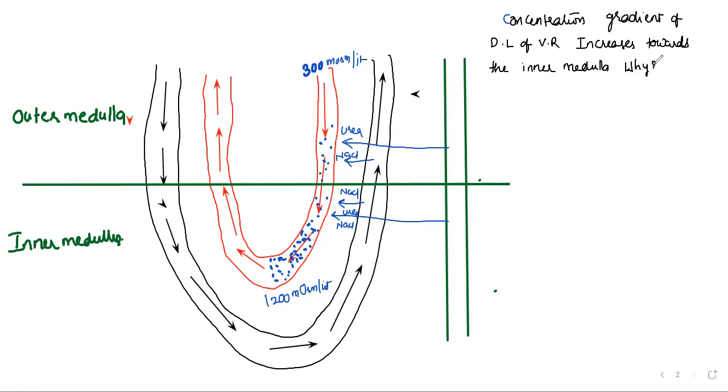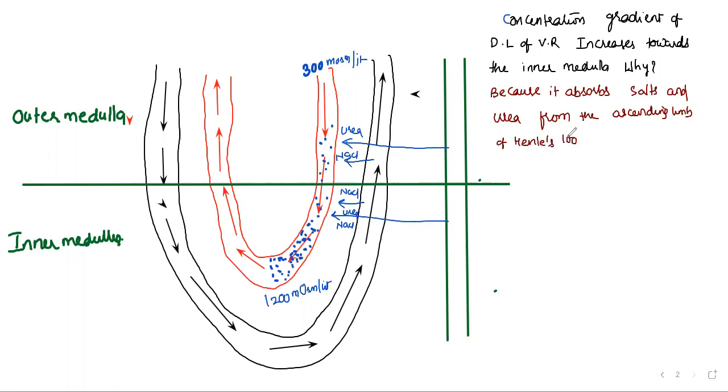If you can answer this why, then understand it is over. I am writing here because it absorbs salts and urea from the ascending limb of Henle's loop and collecting duct. So this is the first statement, which we have completed.